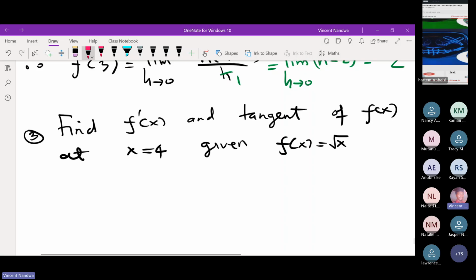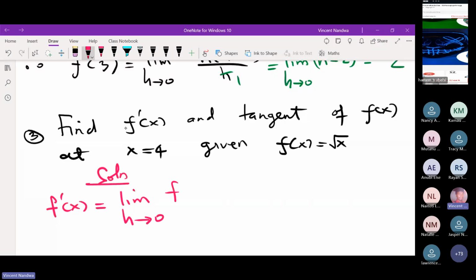So everything actually will result from the definition of the derivative of a function f of x. By definition, f prime of x is given by the limit as h approaches 0 of f of x plus h minus f of x, divided by h.